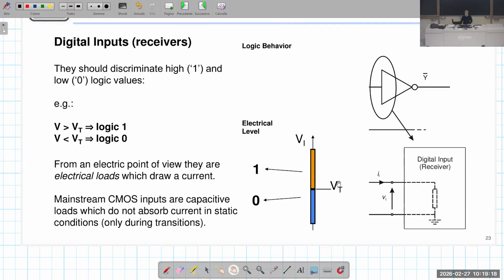This is not particularly suitable to real-world implementations of digital gates, because in practice it's quite difficult to well define a single threshold value and to be sure that each gate, in the presence of fabrication tolerances, varying operating conditions, temperatures, and so on, has a very precise threshold voltage for which voltages above the threshold can be considered as logical ones, and below the threshold as logical 0.